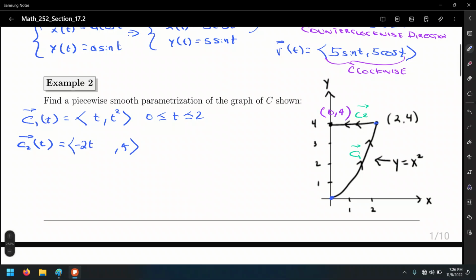However, I'm leaving some space here to figure out a number that will give us the function defined between 2 and 3. So for the initial point, what happens if I plug in 2 over here? Negative 2 times 2, what is negative 2 times 2? Negative 4, but what do I need to add here in order to get a 2?